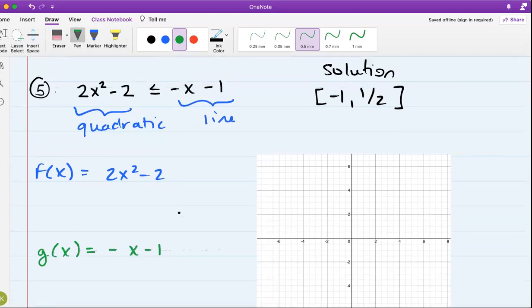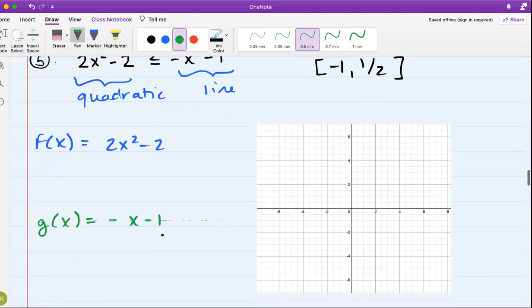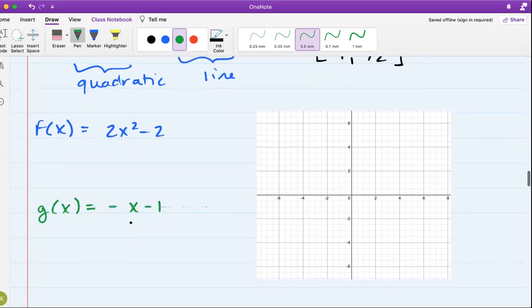This time we have to be careful with the vertex. I'm going to graph the line first because it's easier. Let's remember what we have to do to graph a line. This is in the form mx plus b, where m is negative 1 and b is negative 1. So our y-intercept is negative 1, and our slope is up 1 over 1, or down 1 over 1.